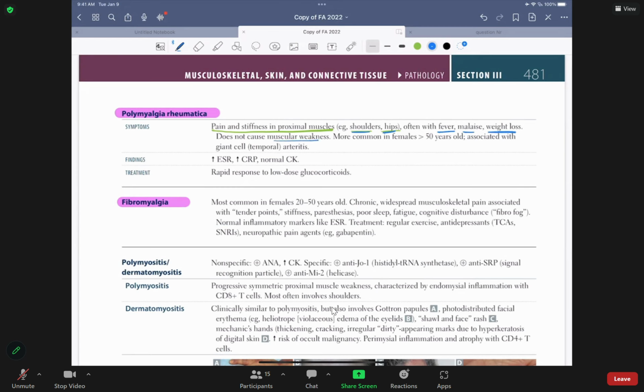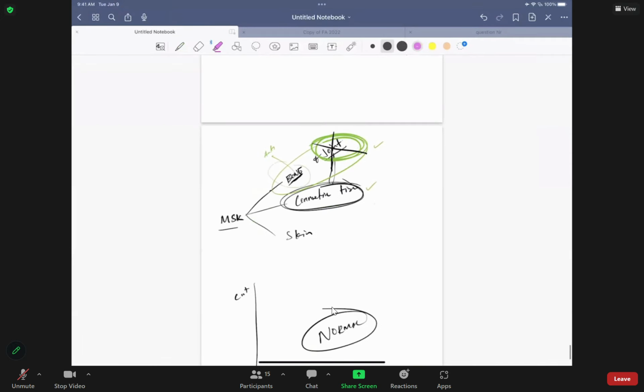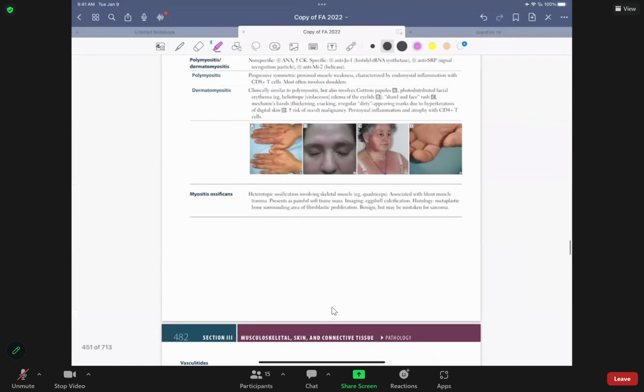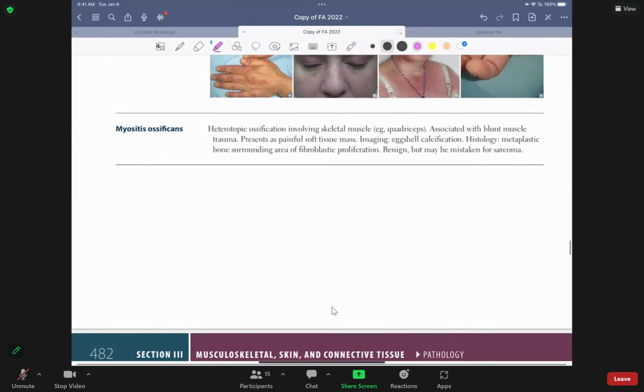Now, sometimes people with polymyalgia also have giant cell arteritis. These are blood vessel disorders. We need to step back here and talk. You should write this at the bottom. Giant cell arteritis is also known as temporal arteritis.